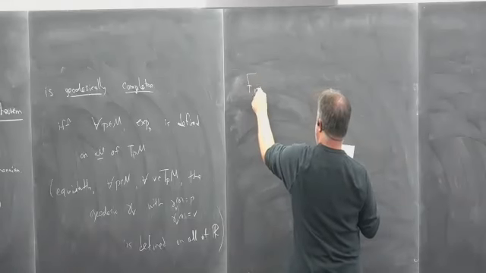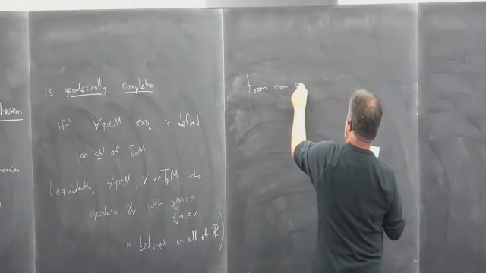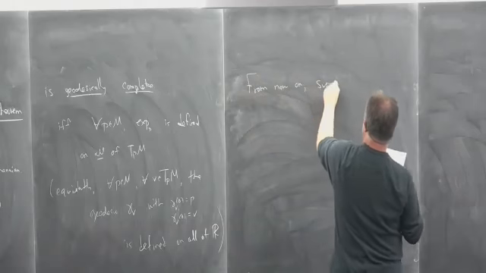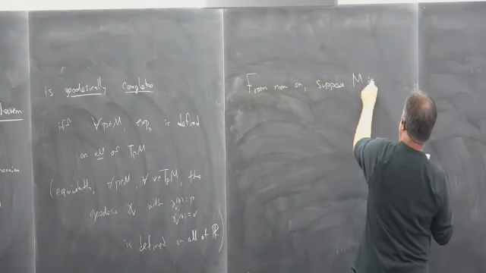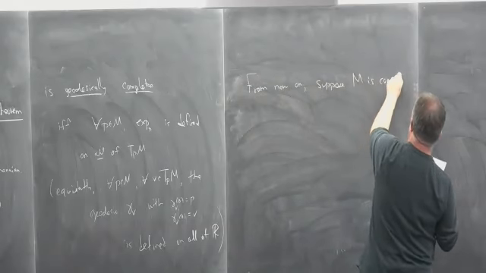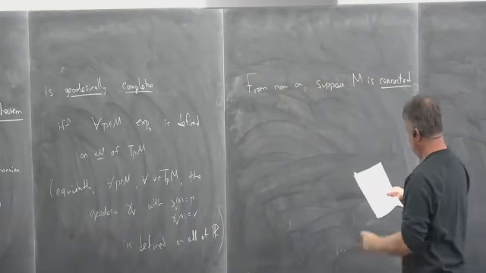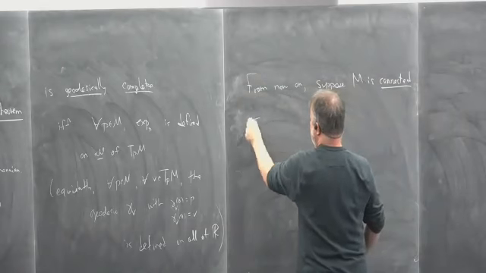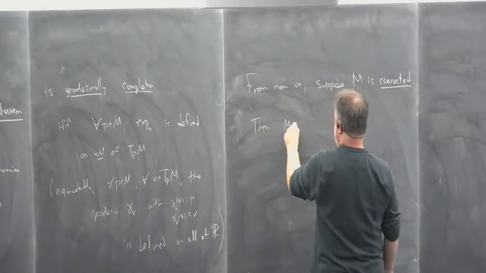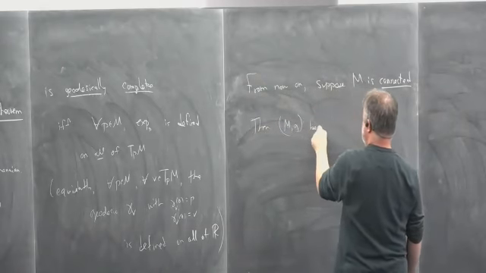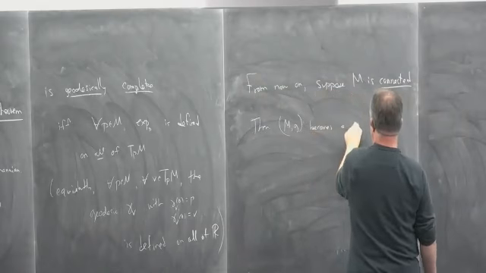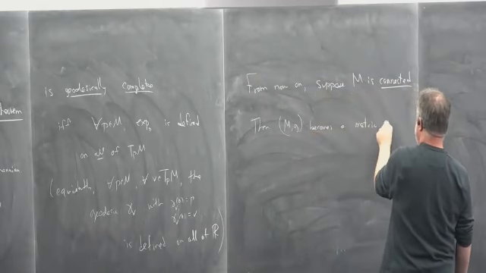So from now on, unless I say otherwise, let's suppose M is connected. If it's not, we just do this on every connected component. They don't see each other, they can't communicate. So then (M, g) becomes a metric space as follows.